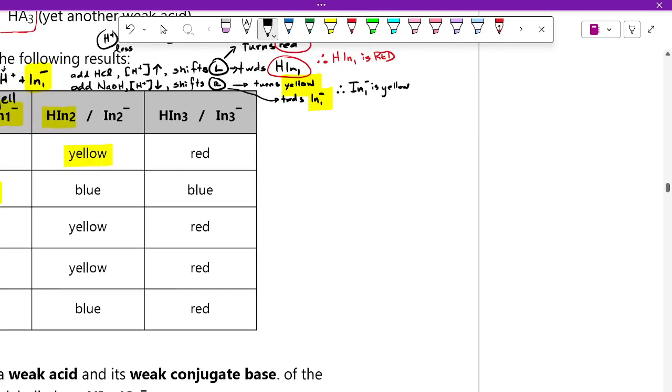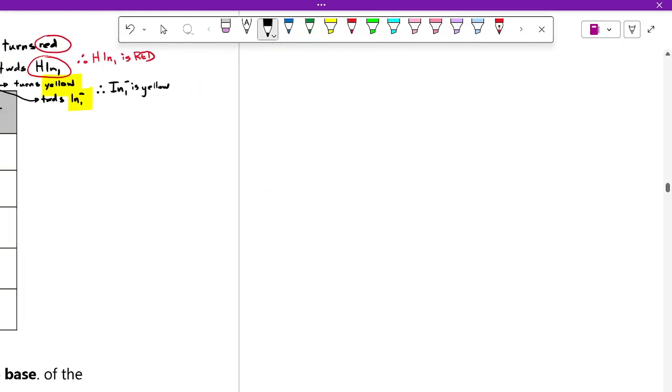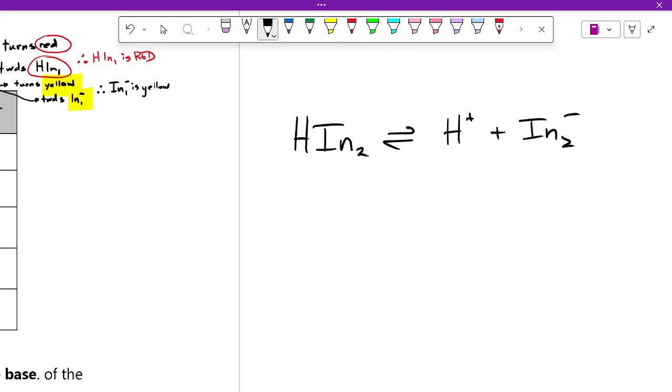Okay, now I have room, so I'm going to do this over here. We have HIn2. And what's on the right-hand side of that equilibrium? H plus and In2 minus.